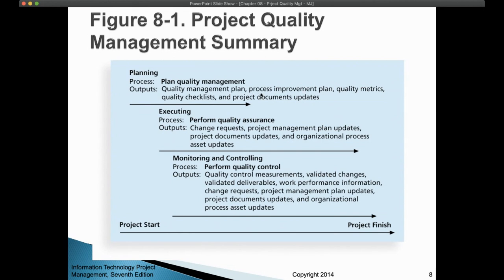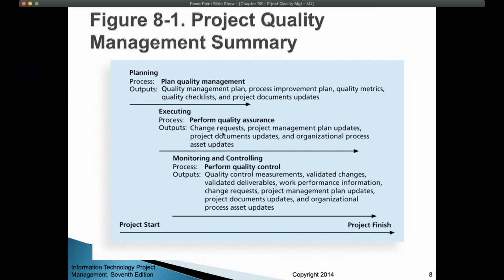The output also could be a process improvement plan, because we can make quality help us to improve our processes, the way that we produce and the way that we work in projects. We have also quality metrics and quality checklist. All these have to be prepared in the planning process.